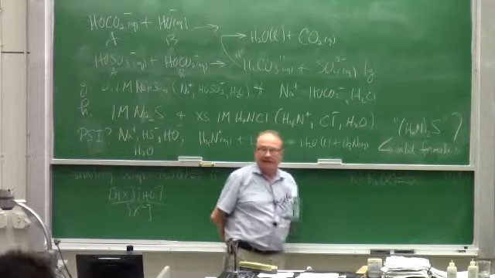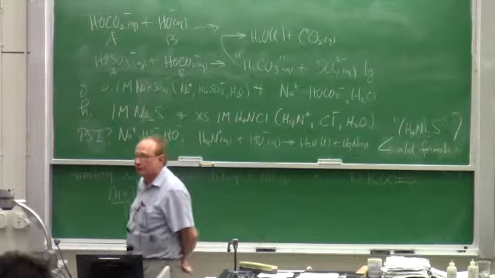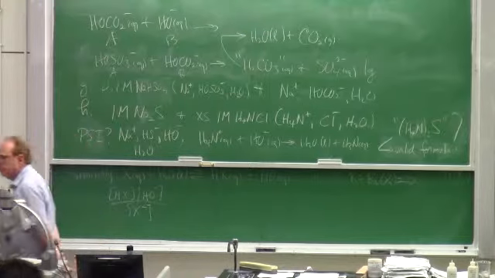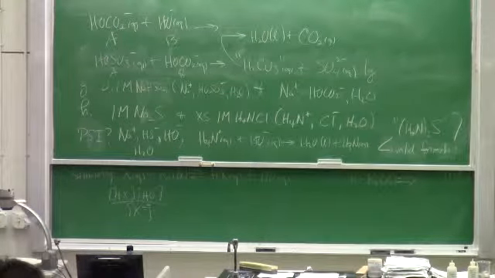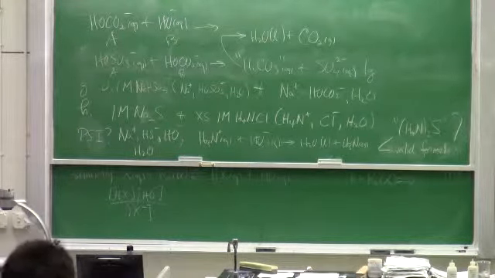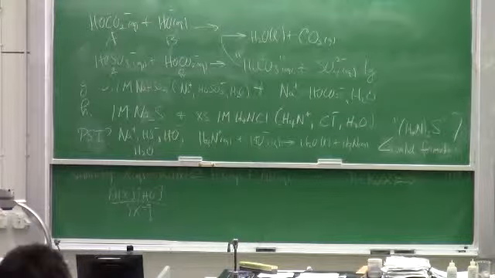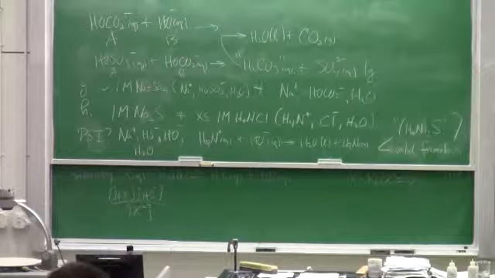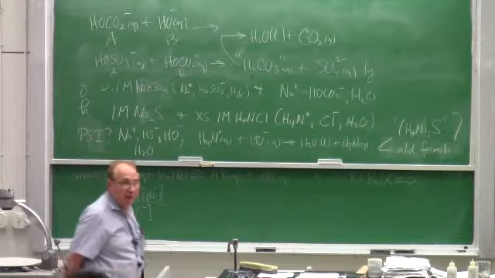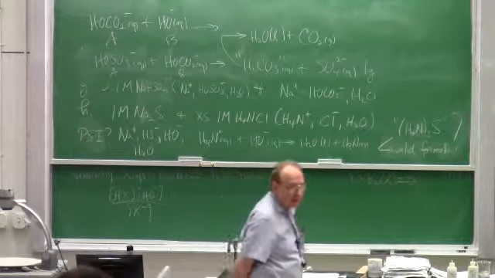Now, ammonia, like CO2, is also a gas under normal lab conditions. But if you run this reaction, you will not observe significant bubbling like we did when we made the CO2. Why not? Why is ammonia a lot more soluble in water than CO2? Why can you make water solutions of ammonia which go up to 15 molar?